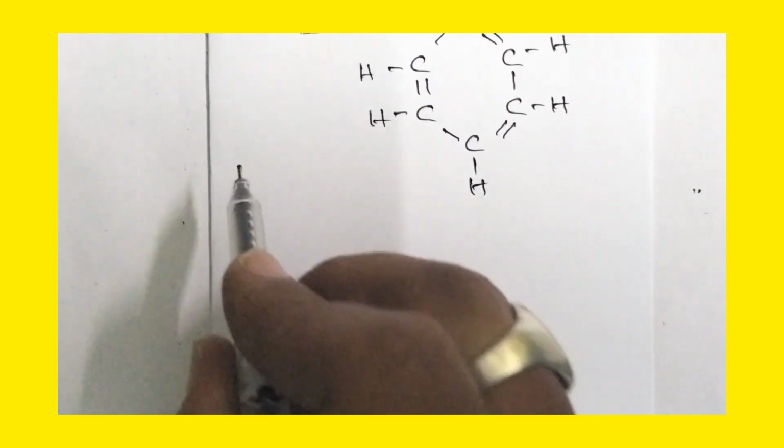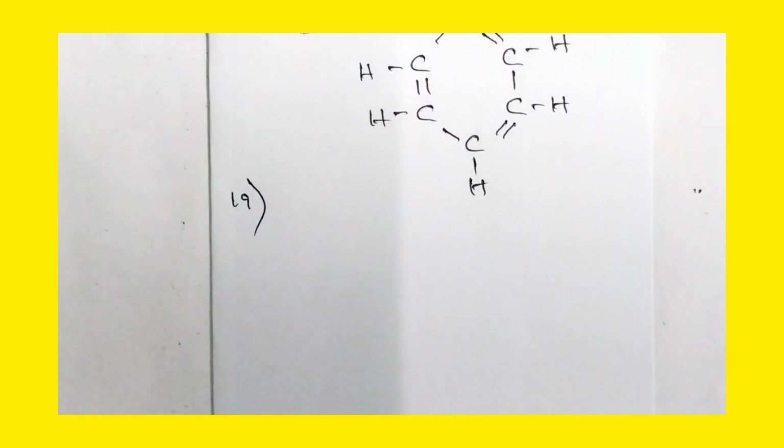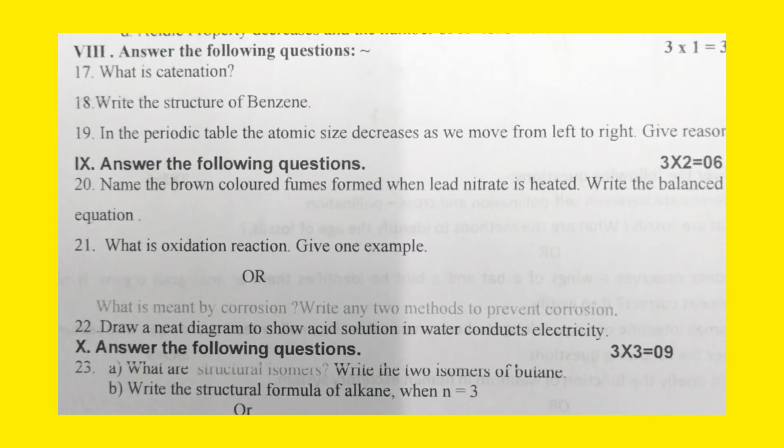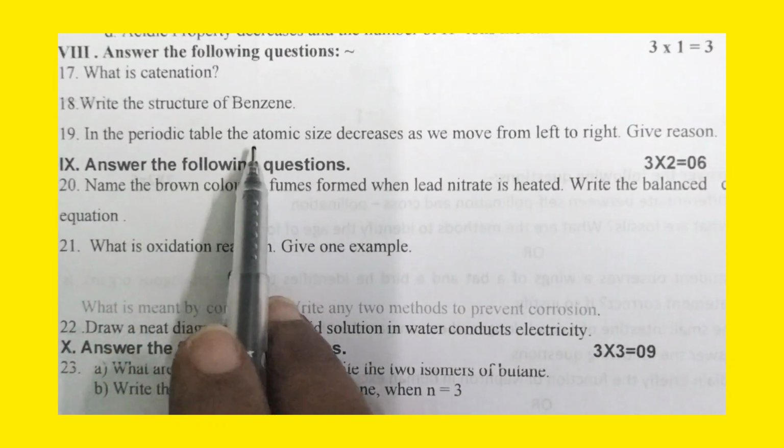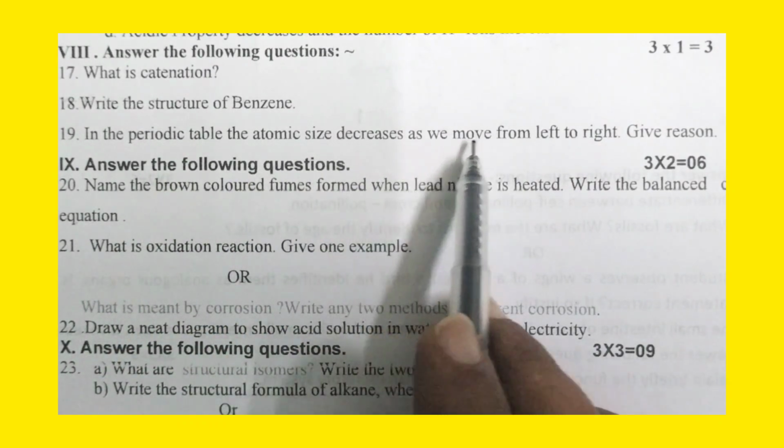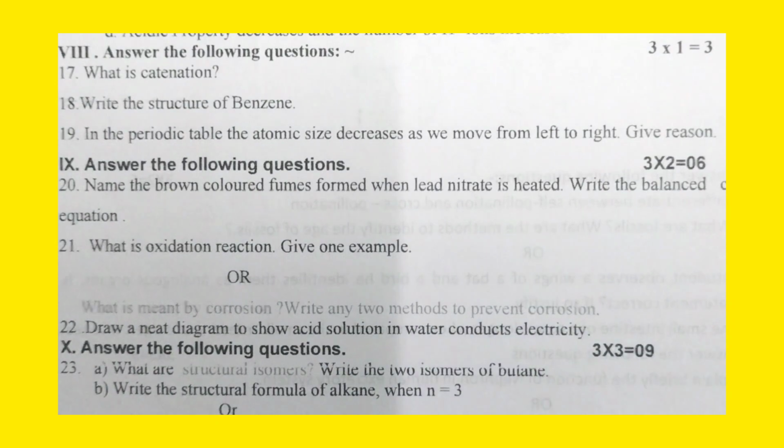Now the 19th question: in the periodic table, the atomic size decreases as we move from left to right. Give reason.